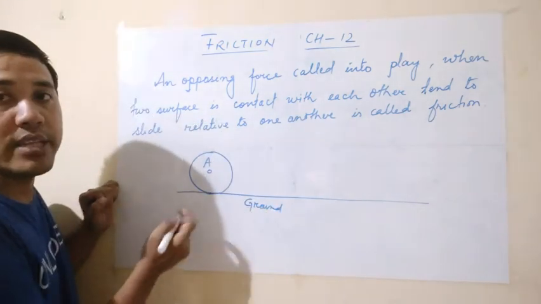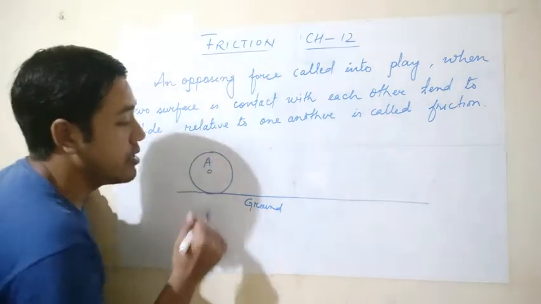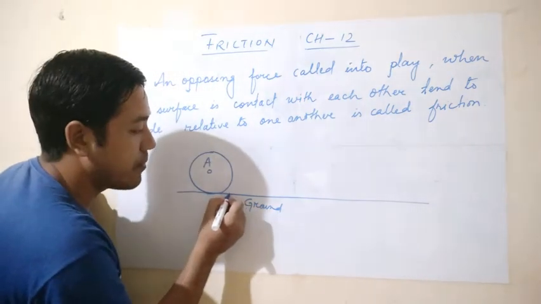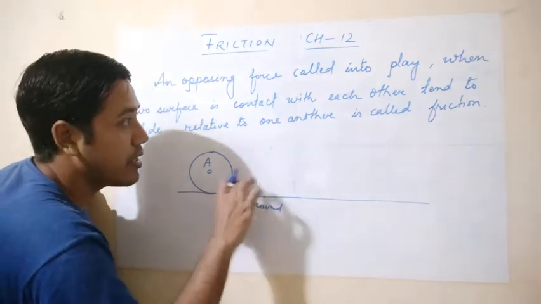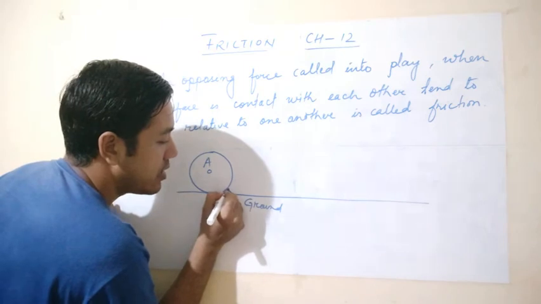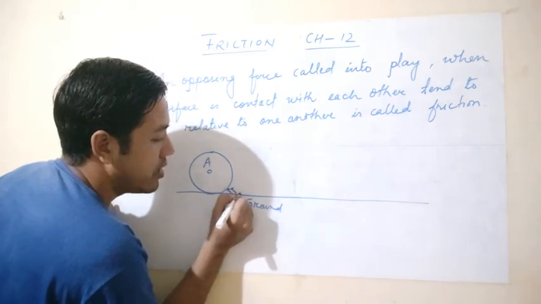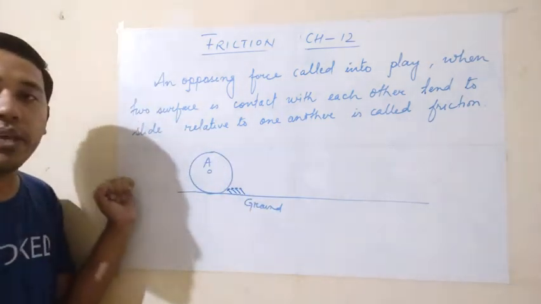These two objects, the ball and the ground, are in contact with each other, right? Then the force which comes out from this ground towards this object, to stop or slow down the motion of the object.